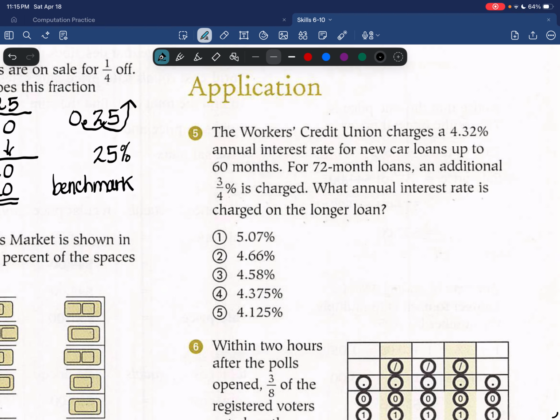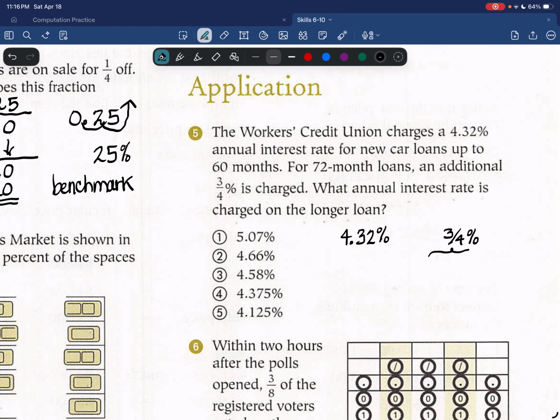What annual interest rate is charged on the longer loan? Okay, here you have 4.32%. That is in decimal form, also percent form. And we also have 0.75%. That's in fraction percent.